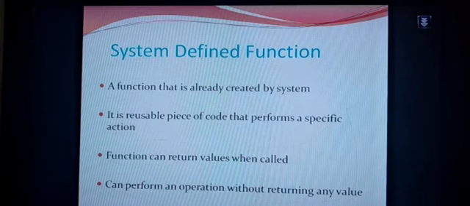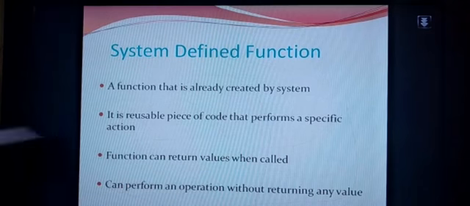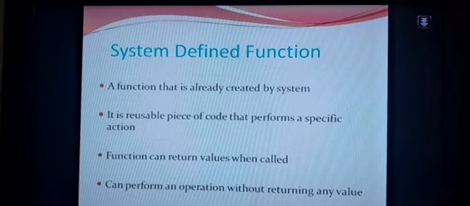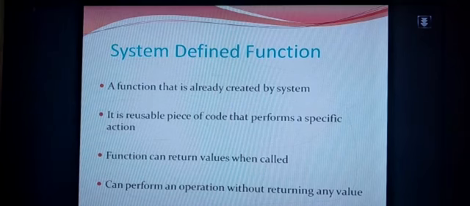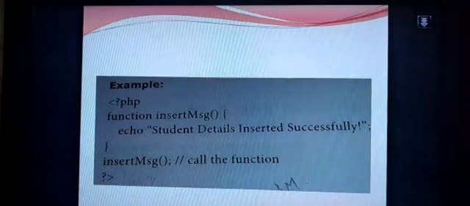It is a reusable piece of code that performs a specific action. What is a reusable piece of code? It means that it can be used any number of times in a program. This function can return a value when the function is called. Even it can perform an operation without returning any value.